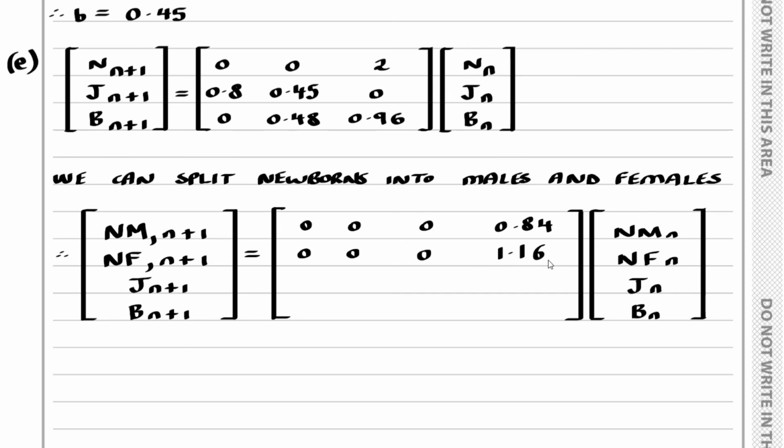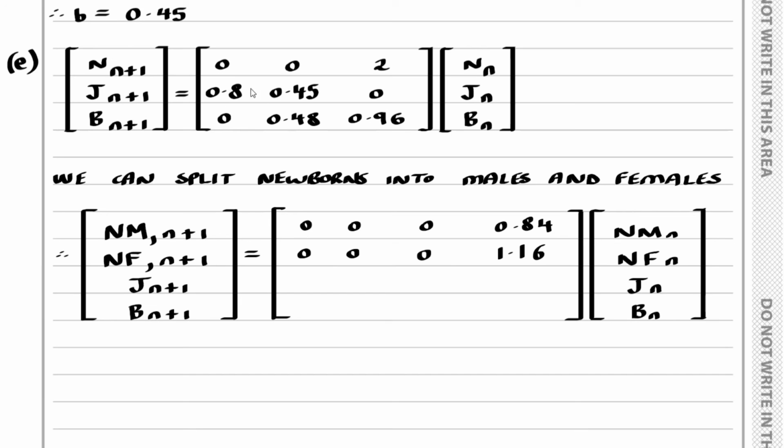And if I expand along here, I've got newborn females n plus 1 equals 0 n males, 0 n females plus 0 juveniles n plus 1.16 breeders. So it's as though we've taken this top row and we've split it up between males and females, and that's why we get these extra 2 rows.